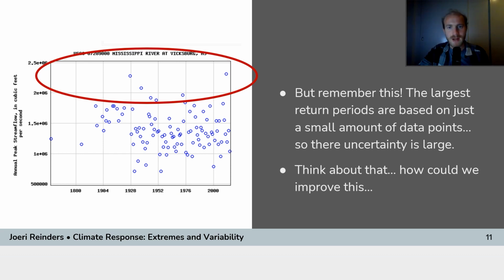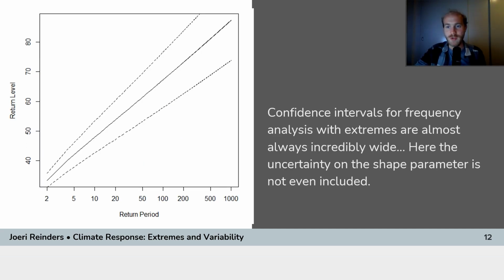One thing you should take into account, though, is that we only know very little about these extreme events, because they're based on very little data. So there's a lot of uncertainty around these values. We can compute that as well by computing the confidence intervals over our parameters and then plotting the same type of lines. Again, we are estimating from the data our parameters for a GEV or a normal distribution. So if we want to know the confidence intervals, we have to look at the confidence intervals of our estimated parameters.